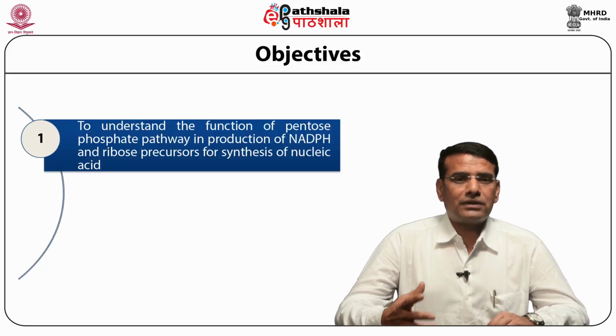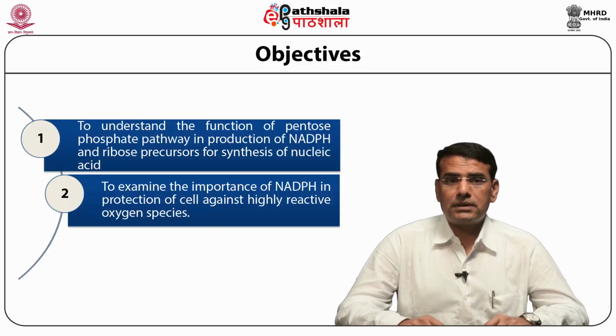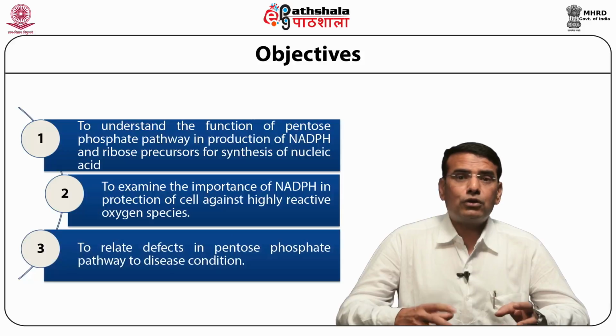We will also try to understand the importance of NADPH in protection of the cell against highly reactive oxygen species, and we will also try to relate defects in the pentose phosphate pathway to disease conditions.